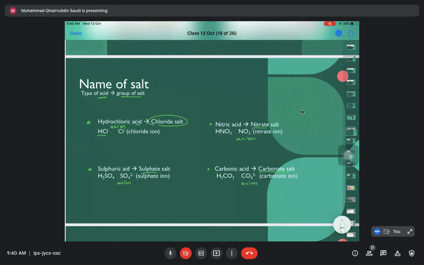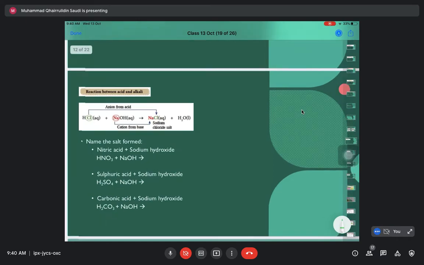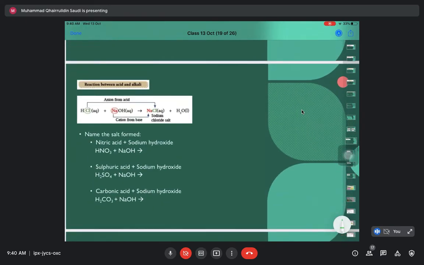Okay. The anion for our salts comes from our acids. Okay. Next. Now I want you to name the salt form.